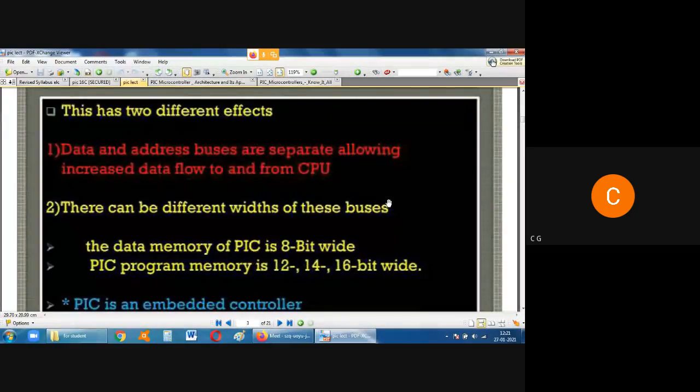What is the logic diagram which is used to compare two numbers, greater than, smaller than, or equal to? The way you do addition and subtraction of two numbers using the full adder, a similar circuit is used to compare the two numbers.